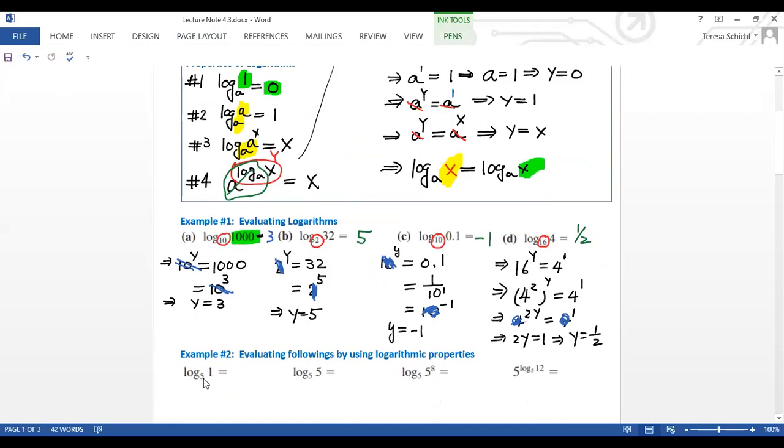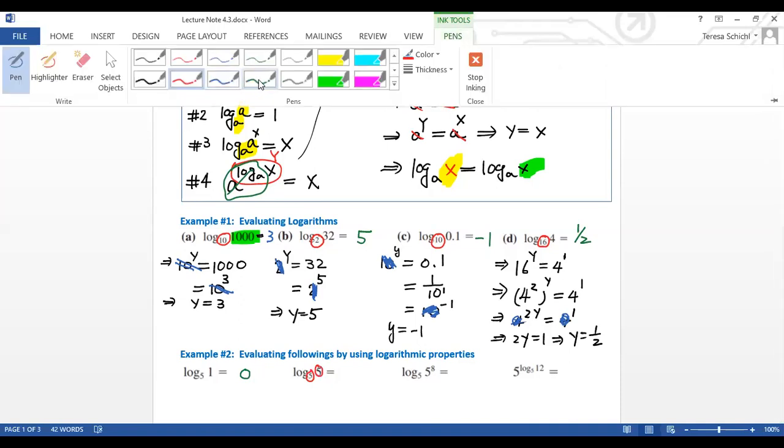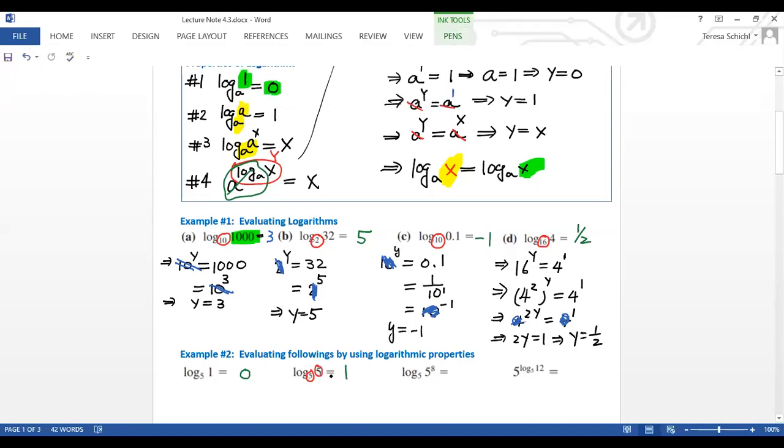The first one, log of 1 is 0, doesn't matter what the base is. The next one, if the base and your function value are the same, the answer is 1.